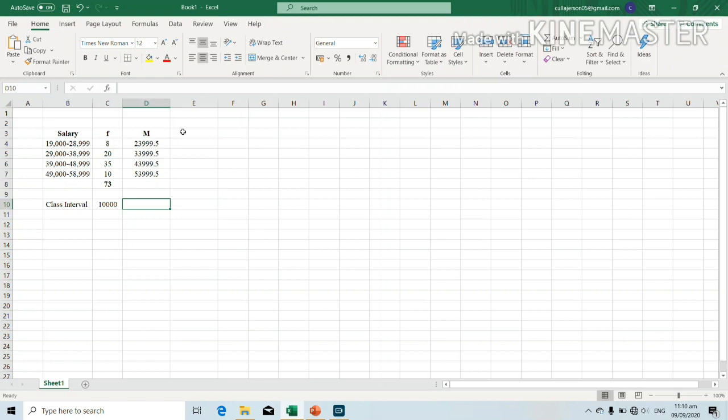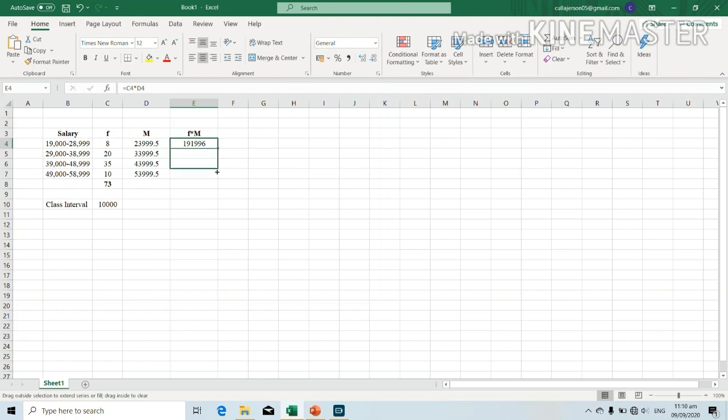After nating makuha yung kanyang class mark or midpoint, kunin na din natin yung F times M, kasi kailangan natin siya sa gagamitin nating mean ng data. Kailangan natin kunin yung group mean para sa ganitong data. I-multiply lang natin yung frequency sa class mark.